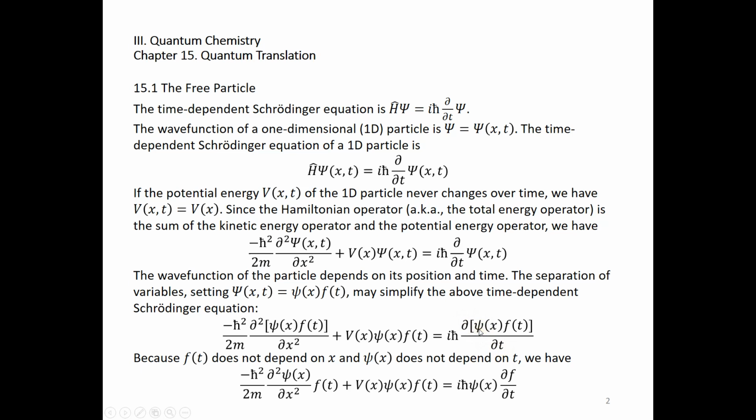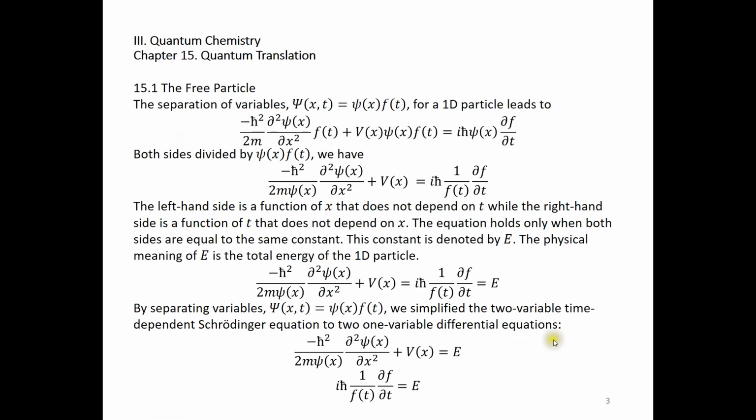So this lowercase ψ of x is considered a constant with respect to time. It does not depend on time. Now the separation of the variables leads to this time-dependent Schrödinger equation. The separation is done this way.